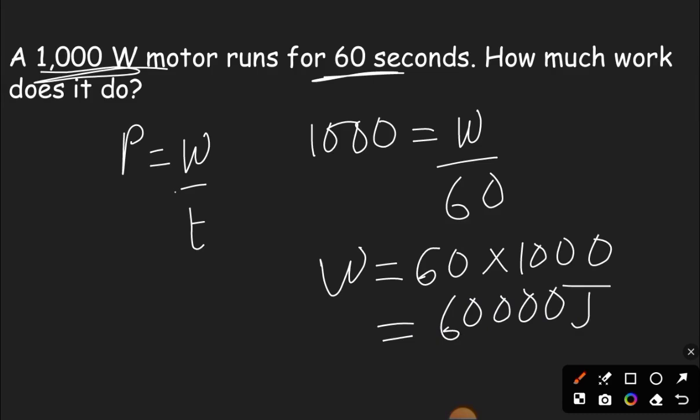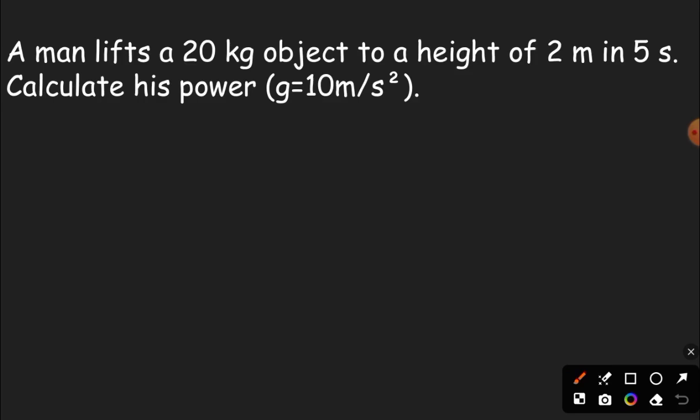That's another unit for work. Now, in simpler terms, this is how you're going to write 60 kilojoule. Why kilojoule? Kilo means times 1000. Now, to conserve time and not write a lot of zeros, just say kilojoule.